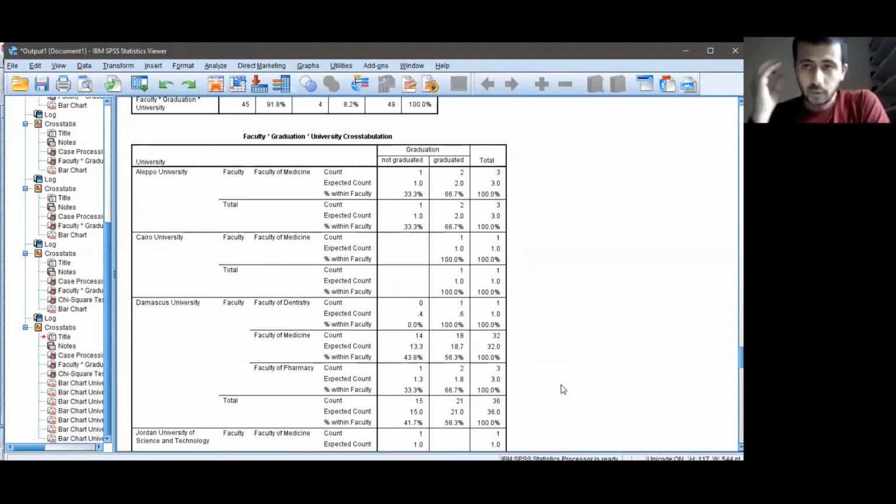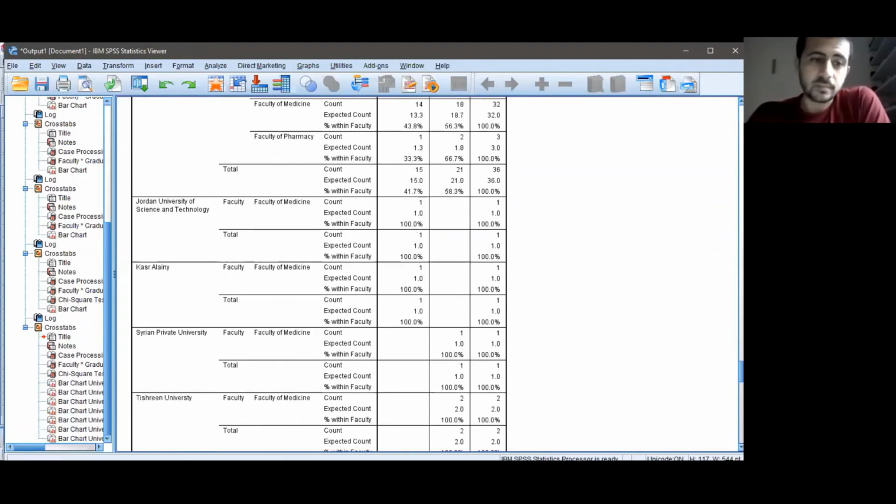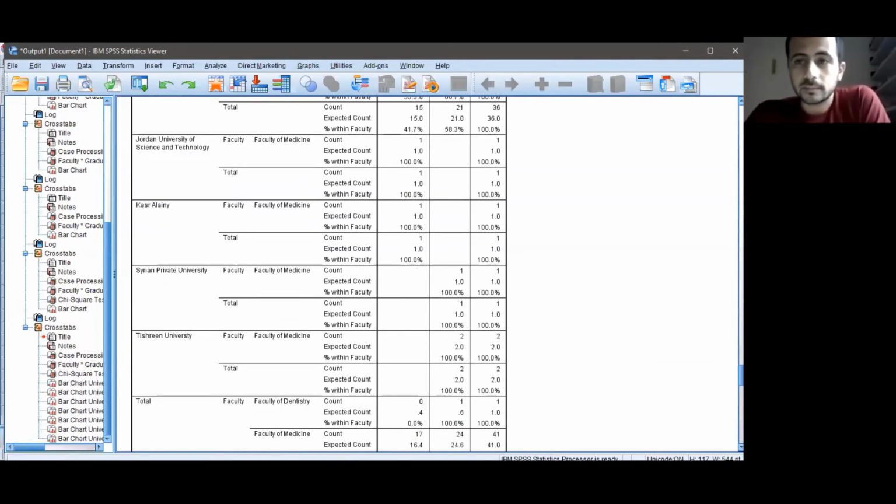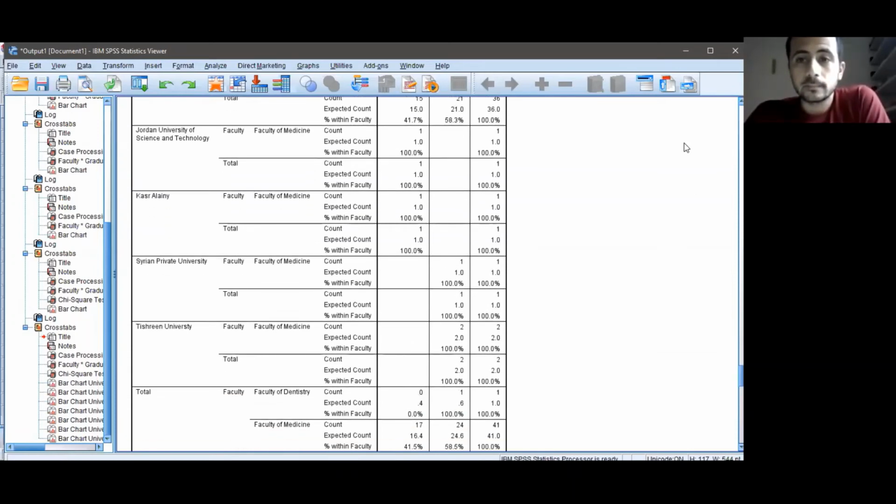Okay, and do you agree this is a good thing to do when I have a confounder or something that I think can be a confounder? I guess yes, it's giving me a closer look on the percentages. Okay, a closer look, and it will divide them.